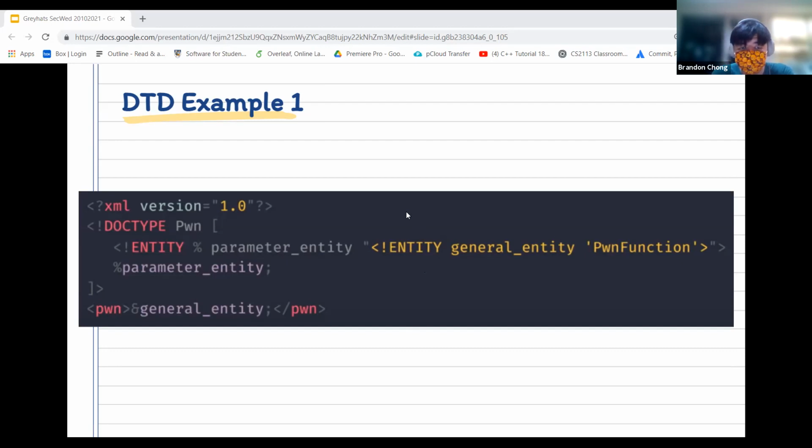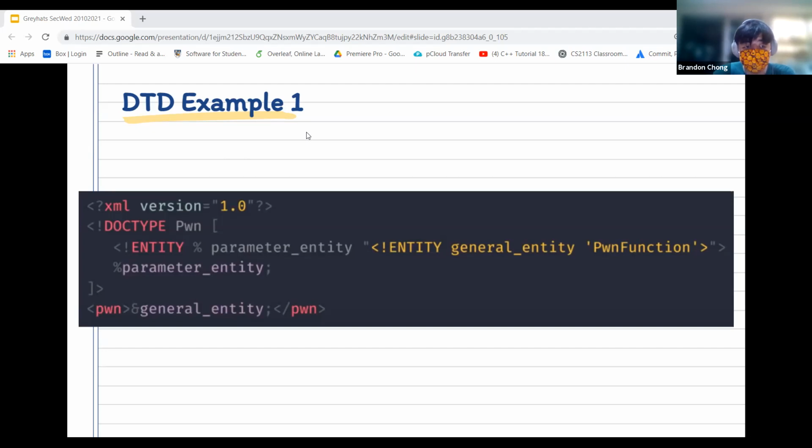It says, okay, this is XML version 1.0, and it will process the markup based on this version of XML. Then it looks for the document type definition defined within the same XML document. So it looks for this doctype text, and then it parses the entities within.